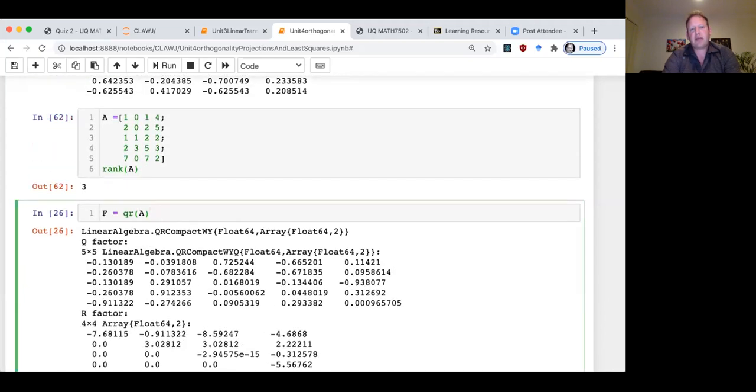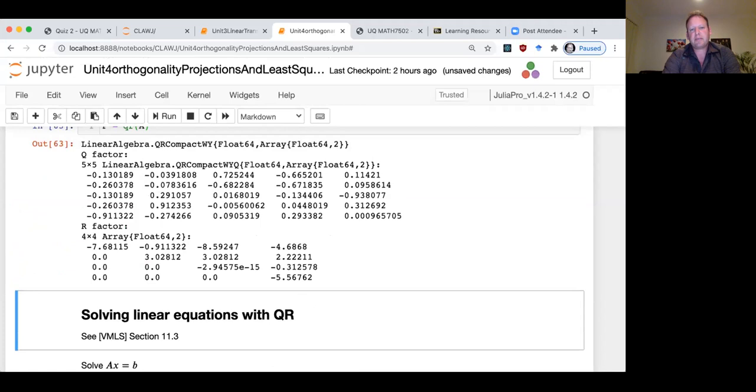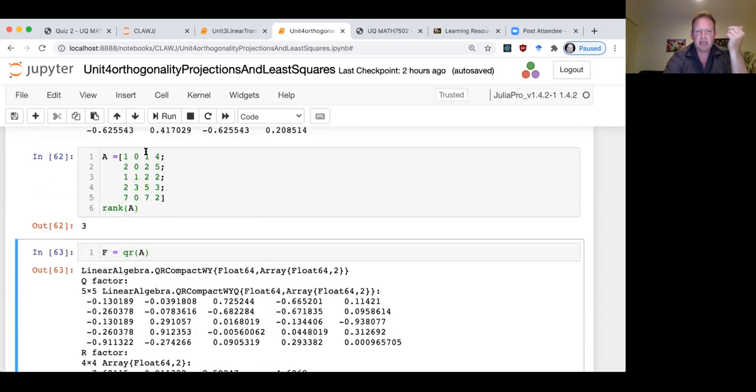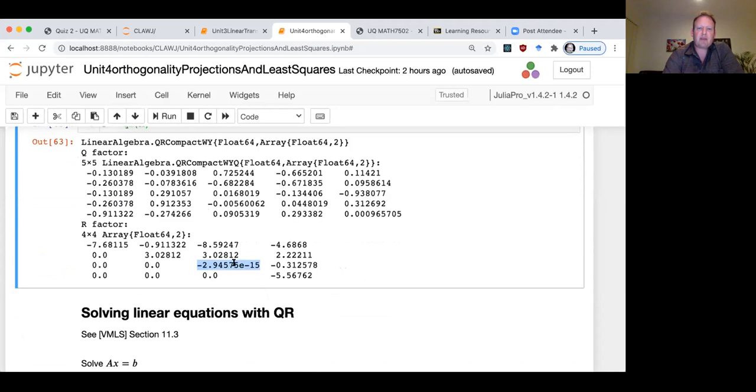I could still do a QR decomposition, but now on the R matrix I get something here, which is fine, something here, which is fine, but then I get a 0. That 0 in the R matrix indicates to me that this third column is a linear combination of the previous columns. That's how I got the 0. That's all I want to show you there.